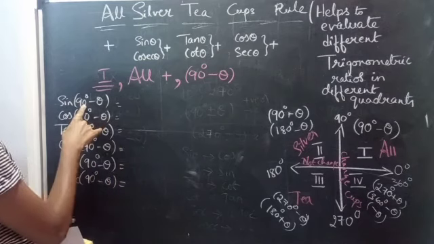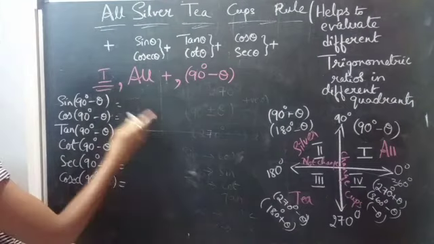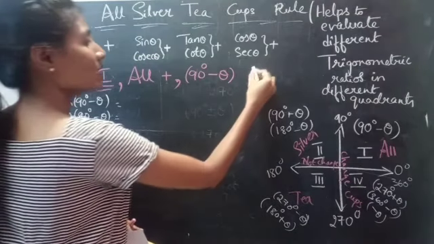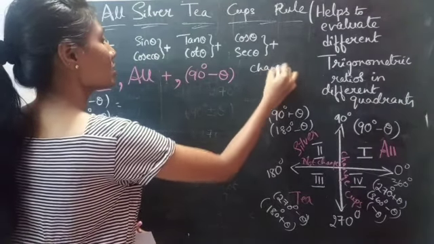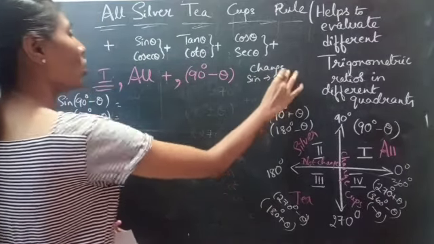Since it is 90, 90 means change. That is sine to cos, cos to sine, like that.